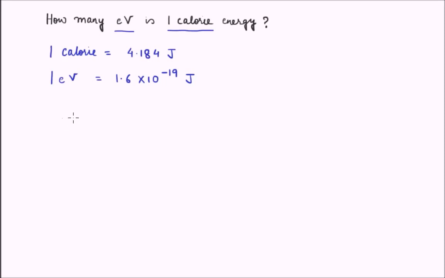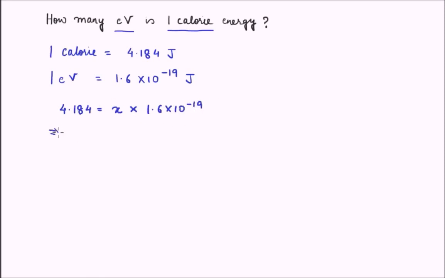Let us try to do it. Basically we need to find 4.184 joule is equal to how many electron volts. So let us assume that there are x electron volts. So x electron volts, and each electron volt is 1.6 into 10 to the power minus 19 joule. So this side is now in joule and this side is also in joule.